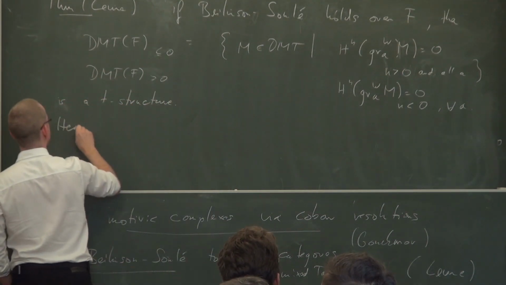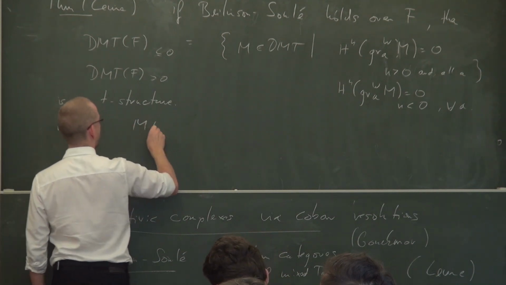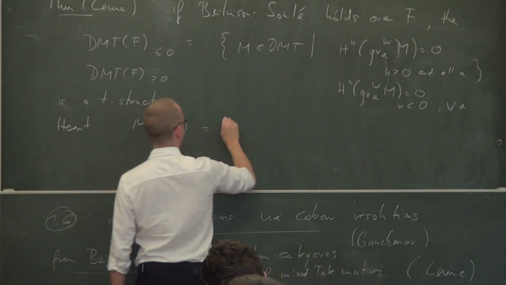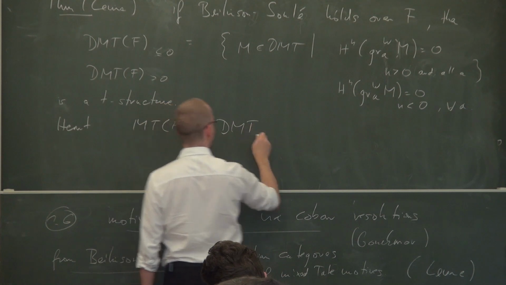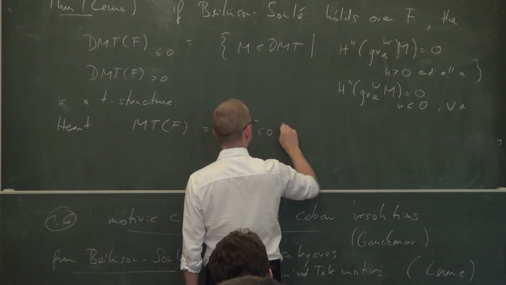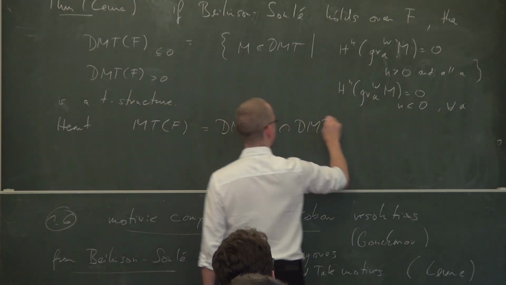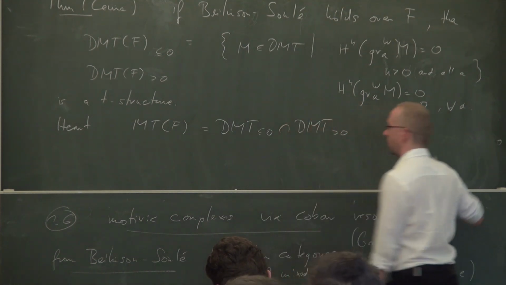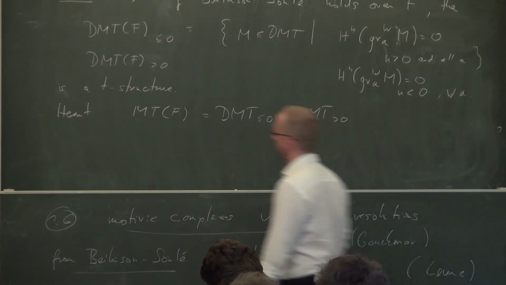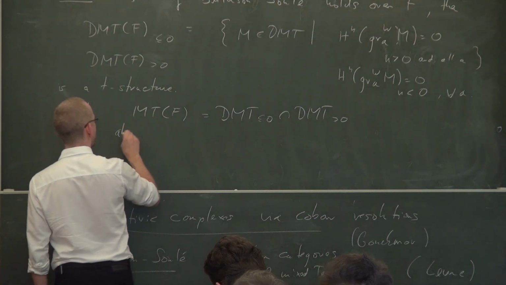And the heart, this is MT of F, is DMT less or equal 0 intersected with DMT greater or equal 0. This is then an abelian category of mixed Tate motives.